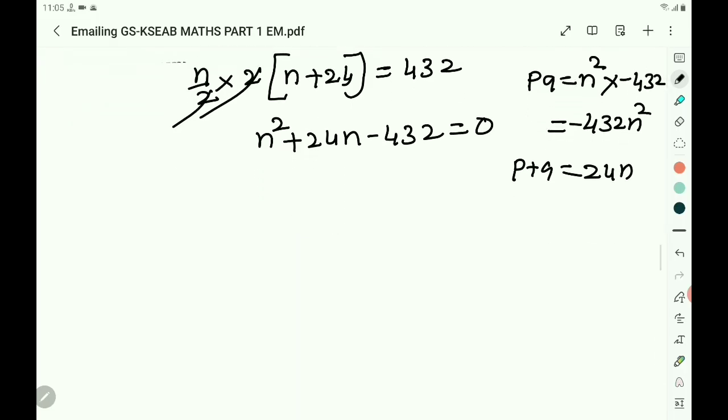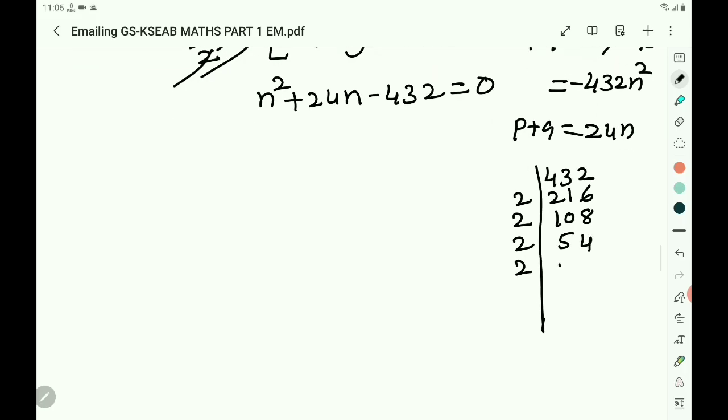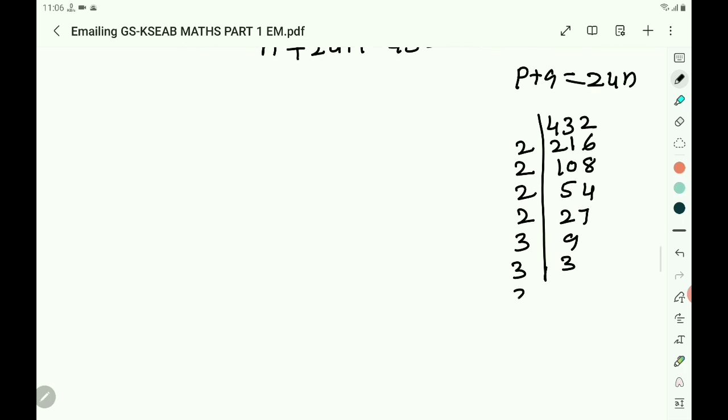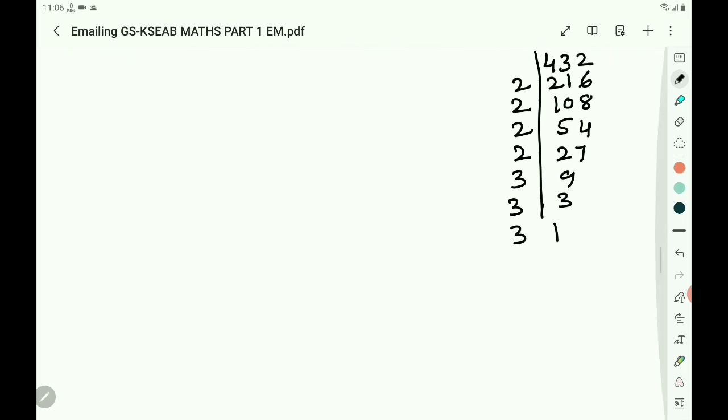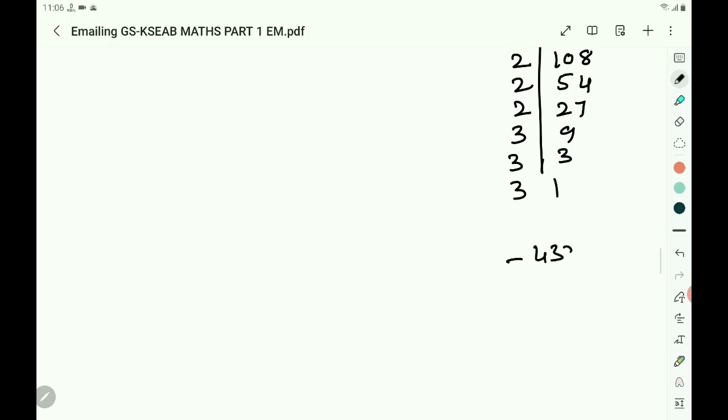Then 432 can be factorized: 2 2s are 4, 2 4s are 8, and so on, 27 3s are 9, 3 3s are 9, 3 1s are 3.